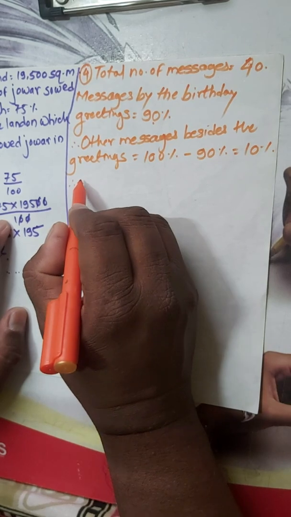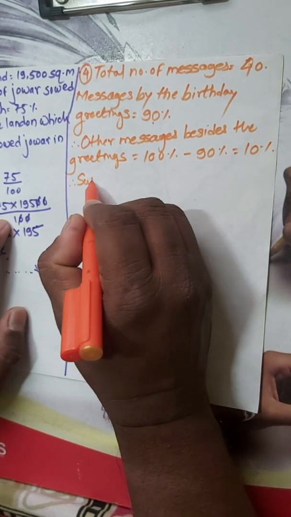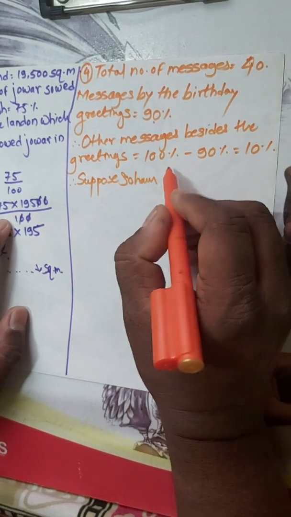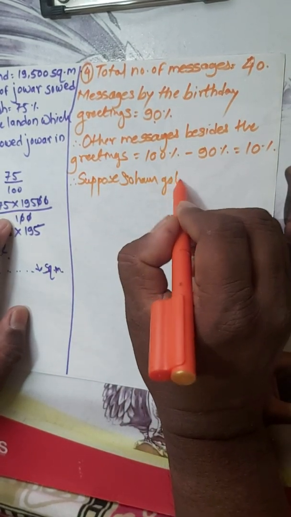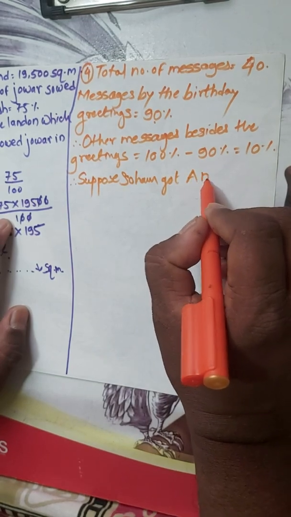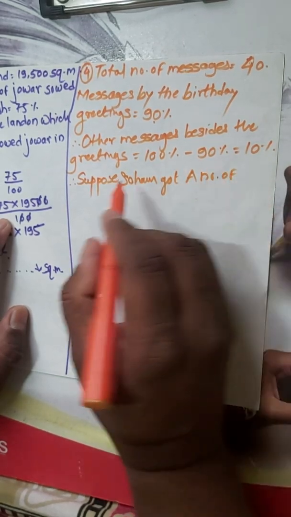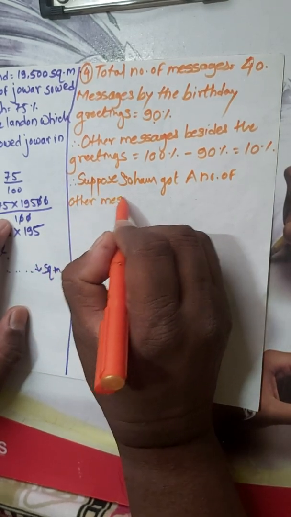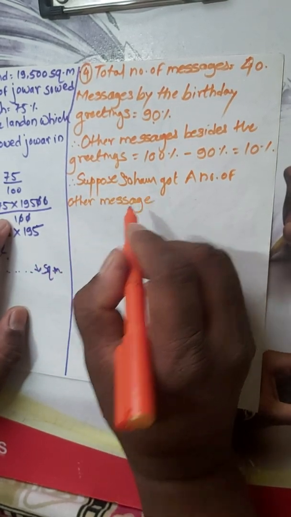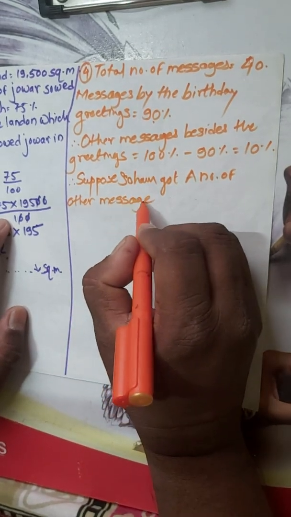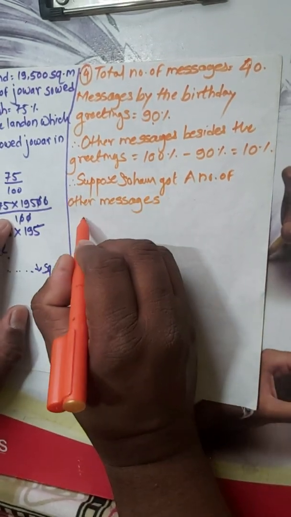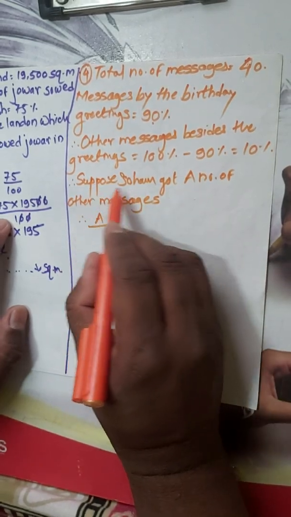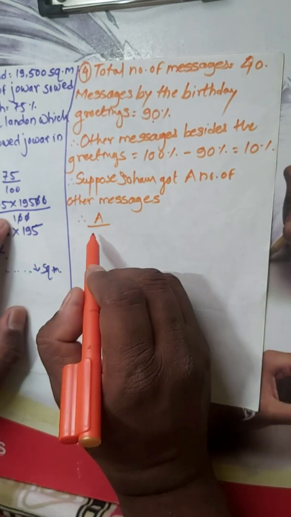Now suppose, we have to write, suppose Soham got a number of other messages, that we have to find. So therefore a means what? Suppose Soham got other messages means a.